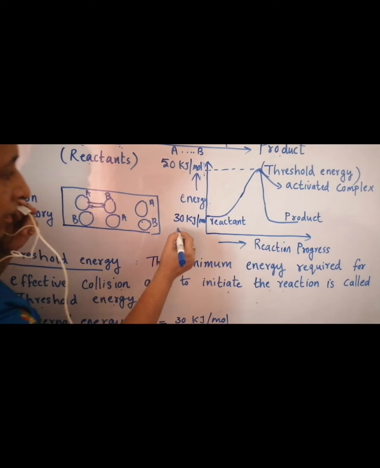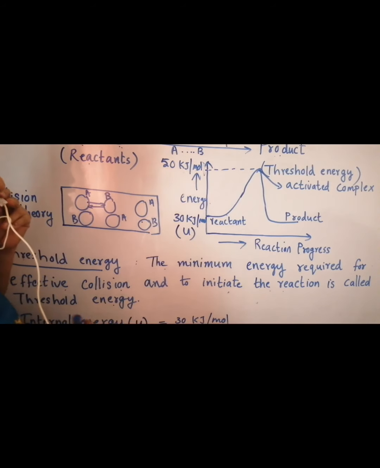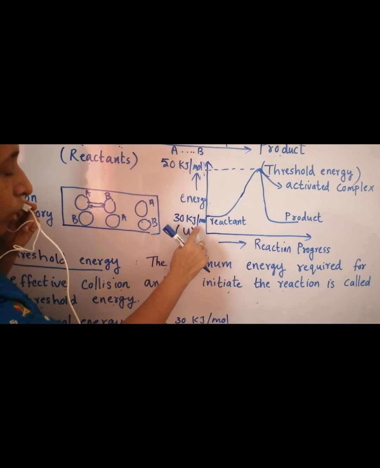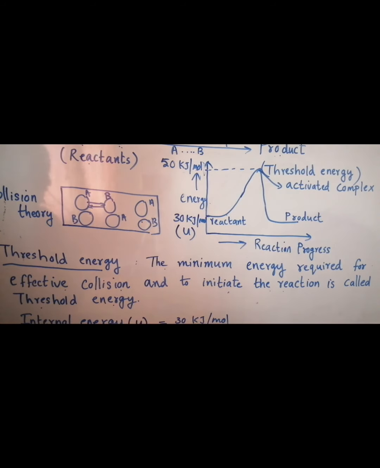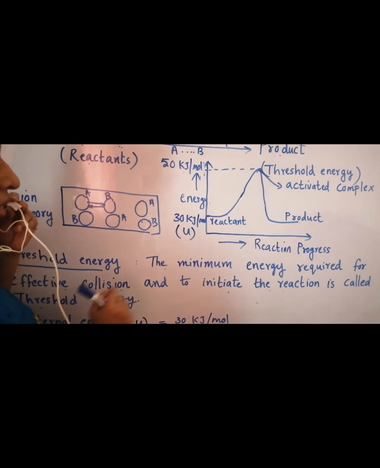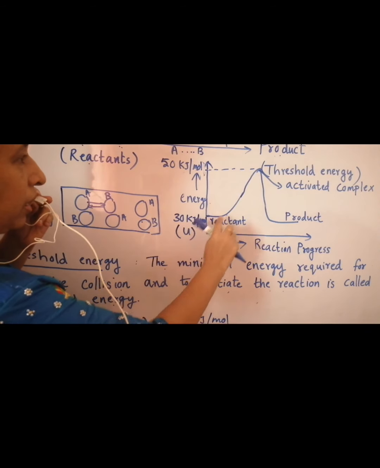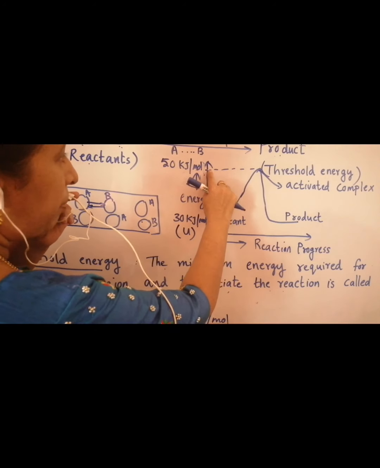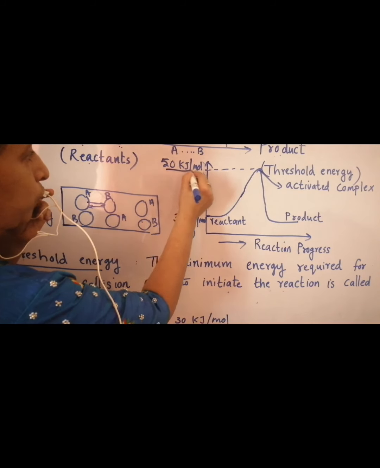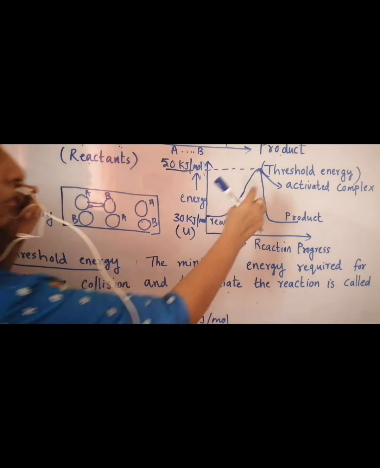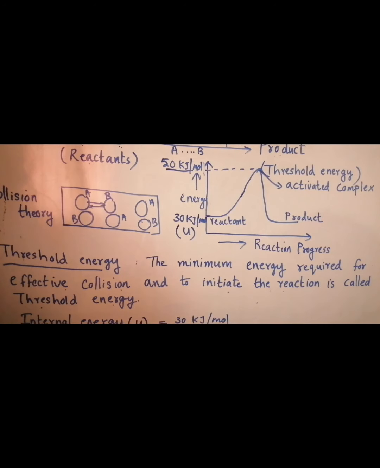The internal energy, represented by U, is the sum of all energies, vibrational, rotational, and all other energies of the particles. 30 kilojoules per mole is the internal energy of the reactant, and in order to initiate the reaction, the particles need a minimum energy. 50 kilojoules per mole represents the minimum energy for the particle, and this is called threshold energy.